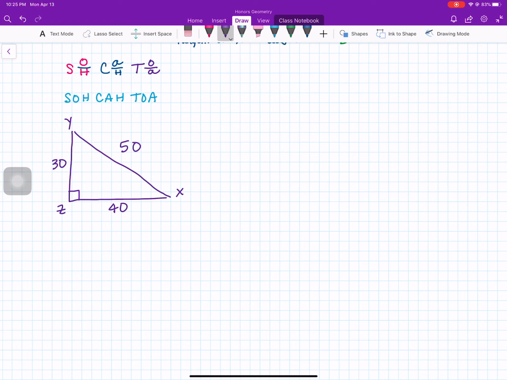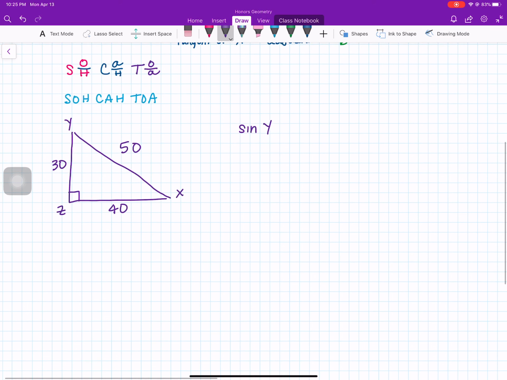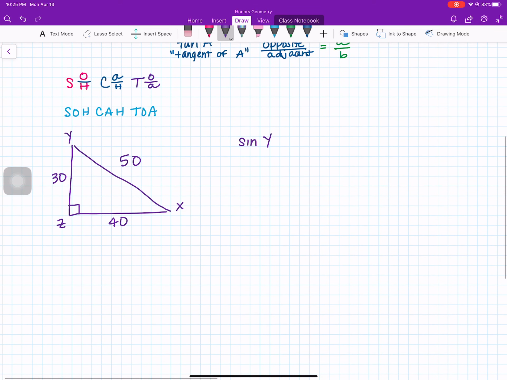So if I look at this triangle, let's find a couple ratios. Let's say I want to know the sine of angle y, the sine of angle x. How about the cosine of x, and we'll do the tangent of y.